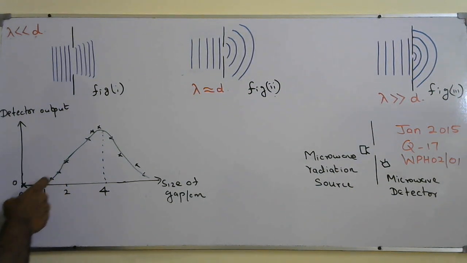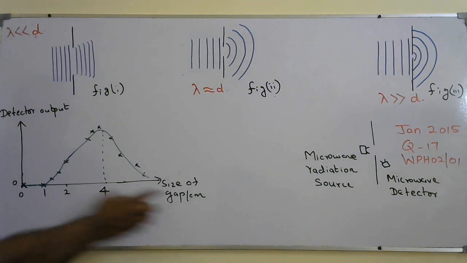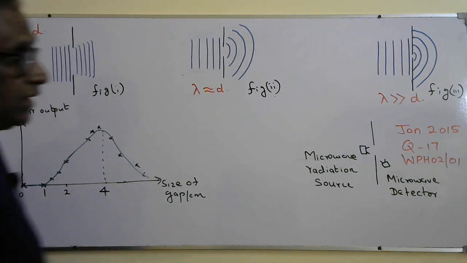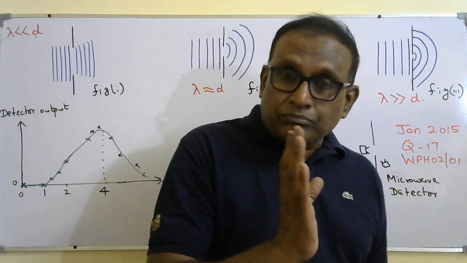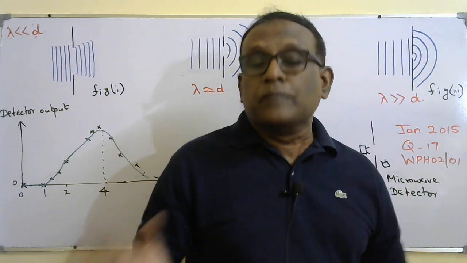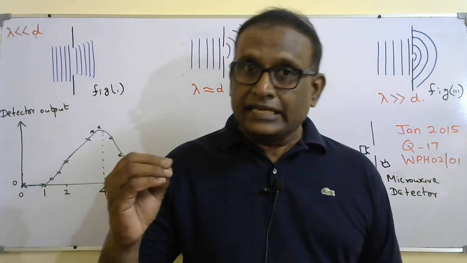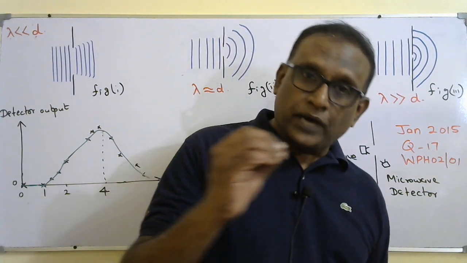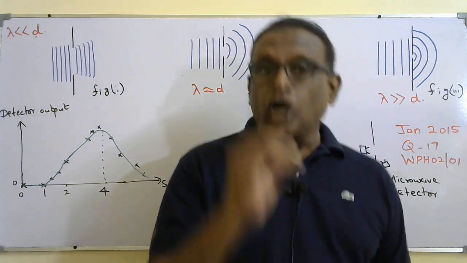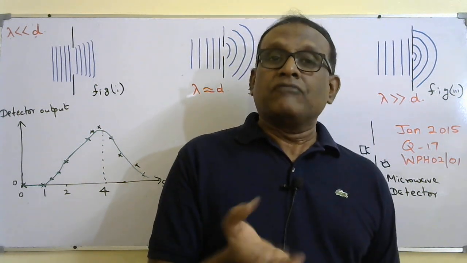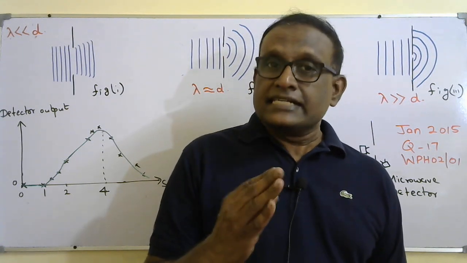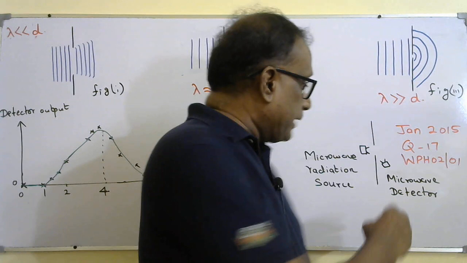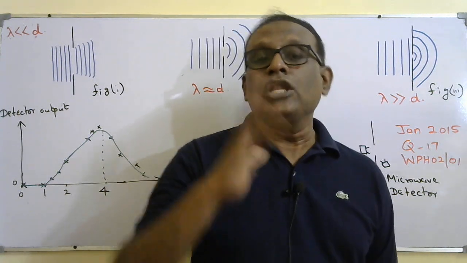When the gap size is much smaller, the microwave passing through the gap will have a large amount of diffraction. Only a little microwave will pass through the smaller gap, and that will have large diffraction.